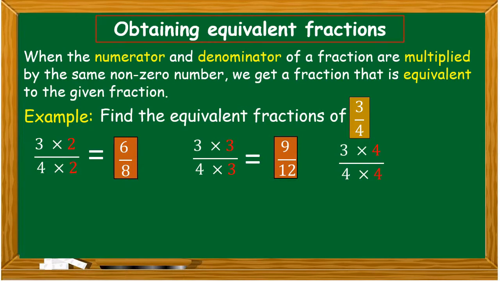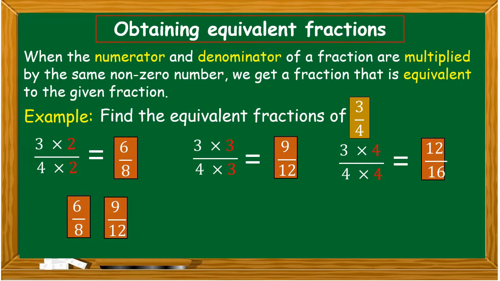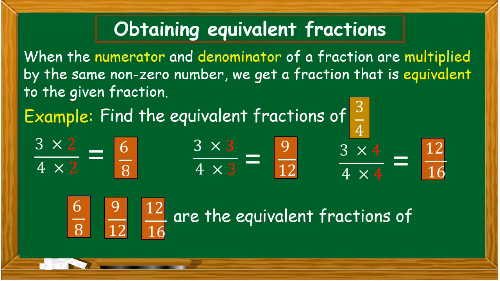So, we get 3 into 4 upon 4 into 4, which is equal to 12 upon 16. Hence, here 6 upon 8, 9 upon 12 and 12 upon 16 are the equivalent fractions of 3 upon 4.